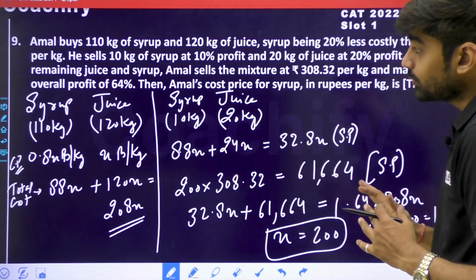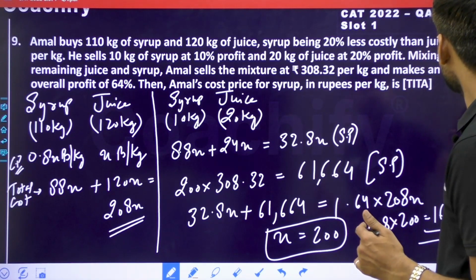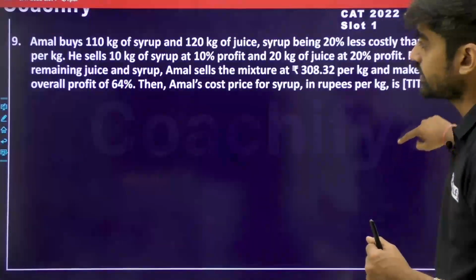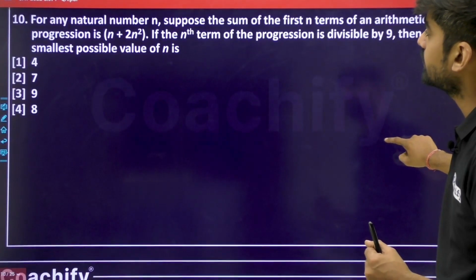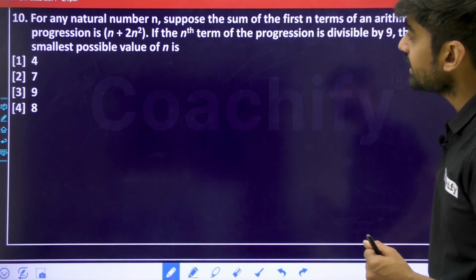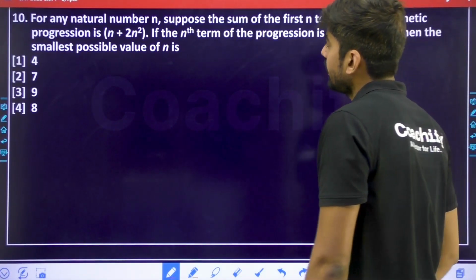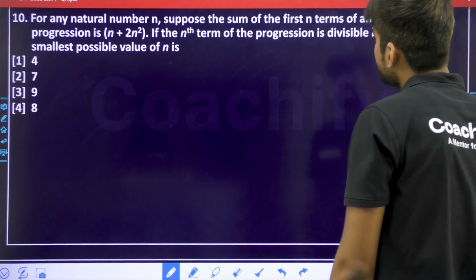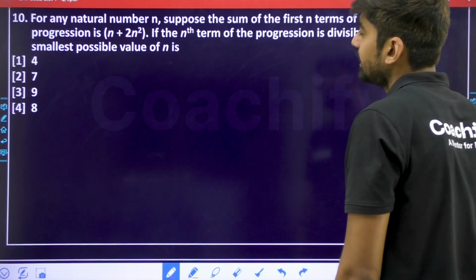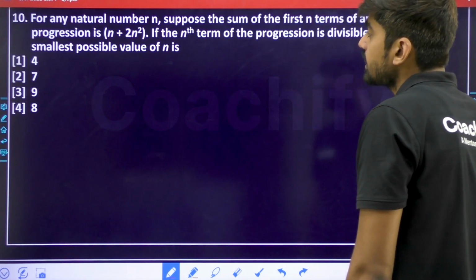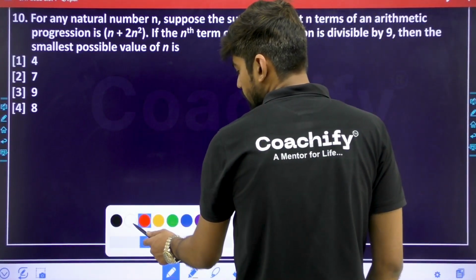I hope you get this question. Let's proceed to the next question, which is question number 10. The question says you have any natural number n, and suppose the sum of the first n terms of an arithmetic progression is n plus 2n square.